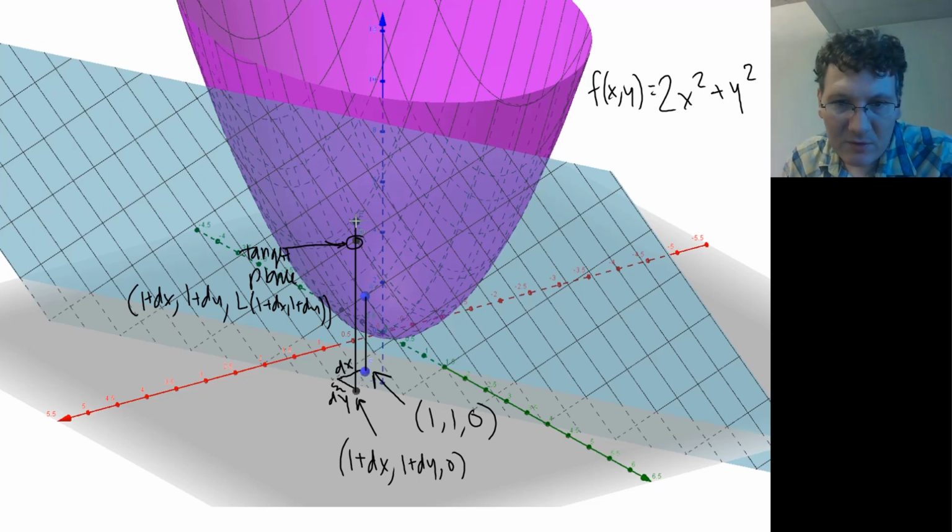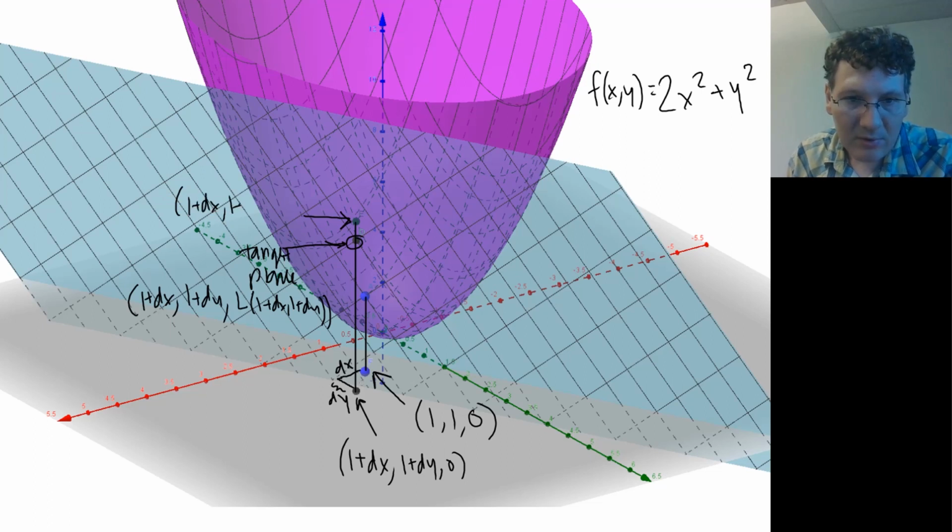Whereas this point over here is the point (1 plus dx, 1 plus dy) and then f(1 plus dx, 1 plus dy), the actual point on the paraboloid.